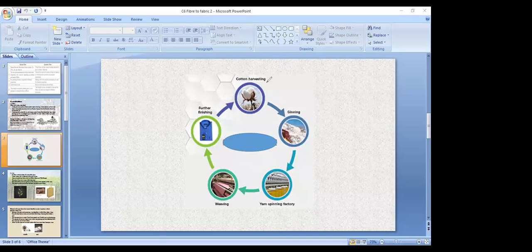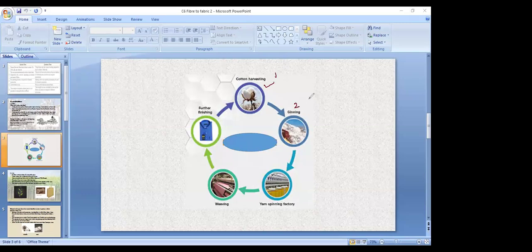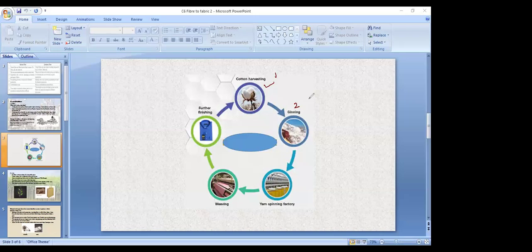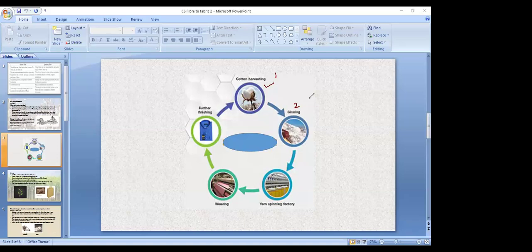Cotton seed contains 23% of protein, and 25% of fiber.